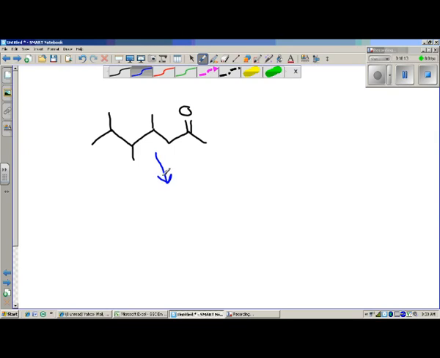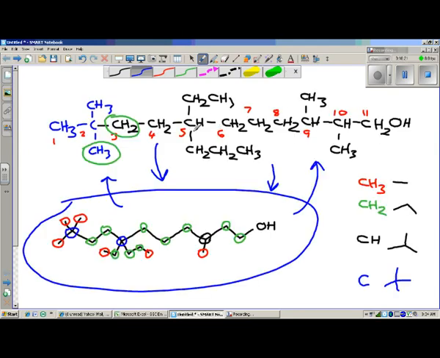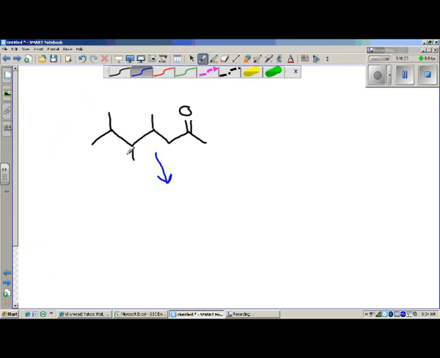But what I'm going to try and do right now is convert this skeletal structure into a structure like we had here, the one you don't want to be drawing too much of, unless you really like drawing things like that. So we're going to start off here, and you pretty much always want to start off with a CH3.